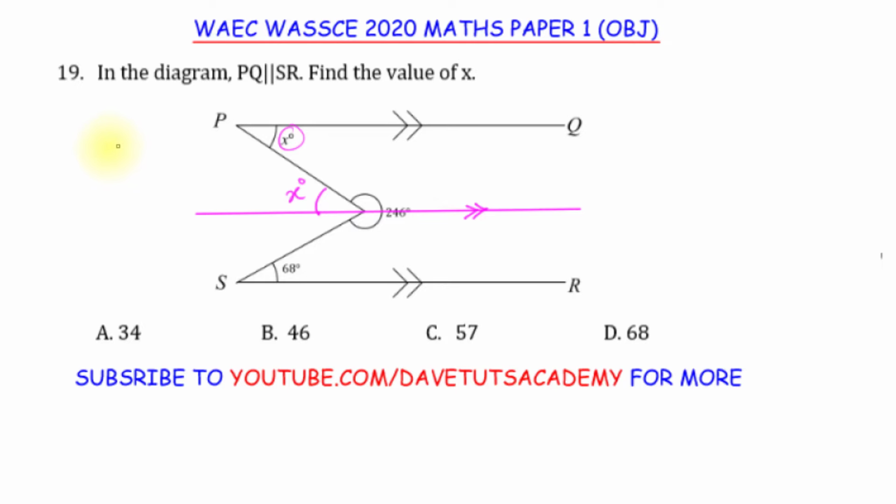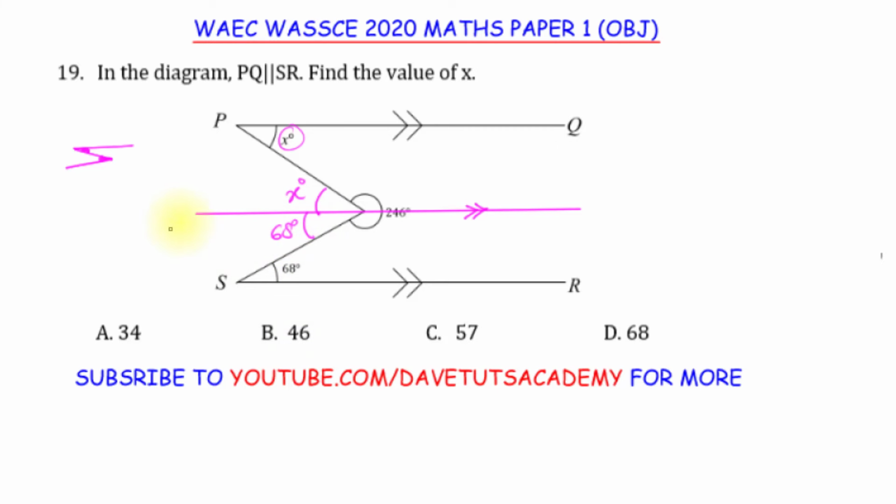You can see they form something like Z. Okay, so one here, another here. These are alternate angles. And also in the same respect, this 68 and this angle here, they are also equal just because they are also alternate angles.